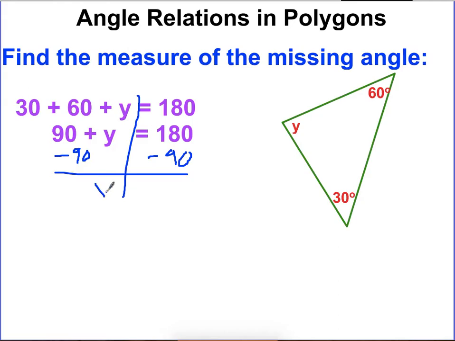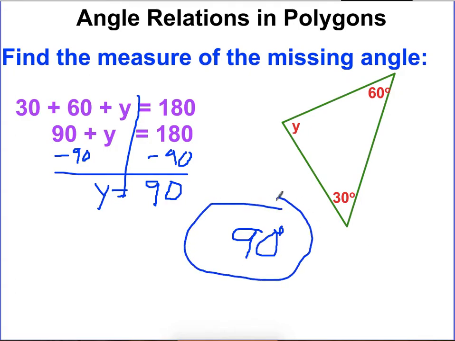So y equals 180 minus 90, which is 90. So actually that's a right angle there, it's 90 degrees. Final answer is 90 degrees. Again, you can add those up, 90 plus 30 plus 60, and that will equal 180 to check.